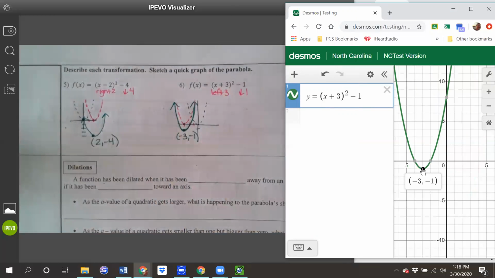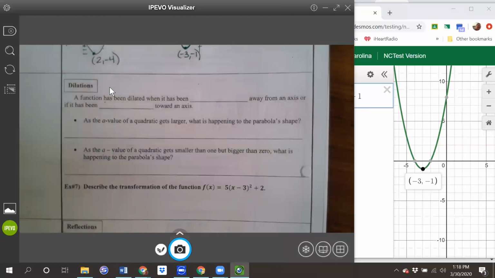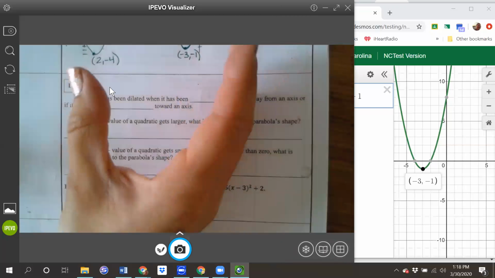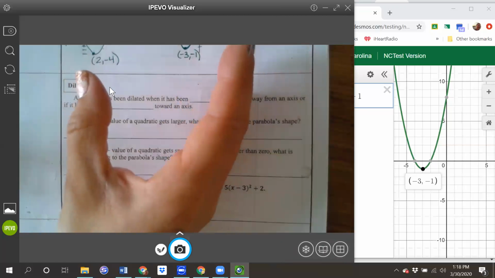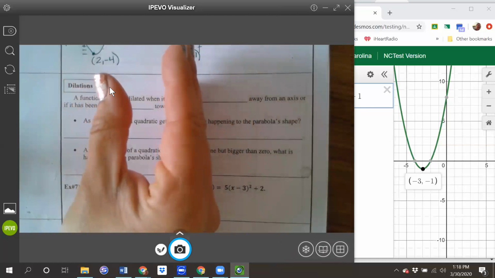Okay, so let's talk about dilations. If you remember from our transformations back at the beginning of the semester, you know that a dilation is either an enlargement or a reduction. So if you think about a U and I shrink it or compress it, it's going to go like this and it's going to get skinny.